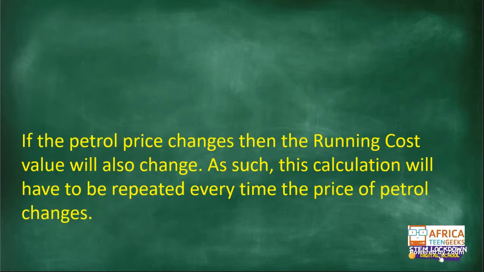That is why even the same companies that I've spoken about, such as Avis and others, once the petrol price goes up, you will see, if you have worked with them, that their prices per kilometer will also change. The costs will go up as well. As such, this calculation will have to be repeated every time the petrol price changes. So it cannot be a fixed calculation.